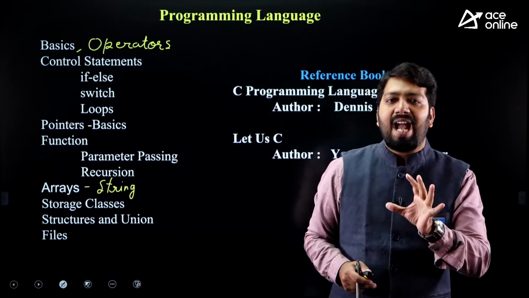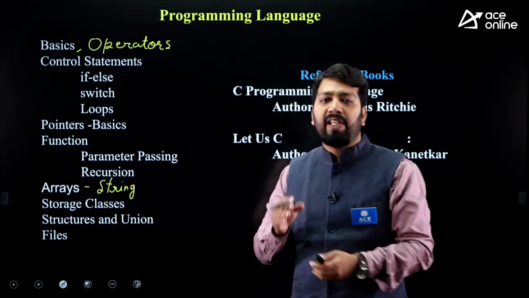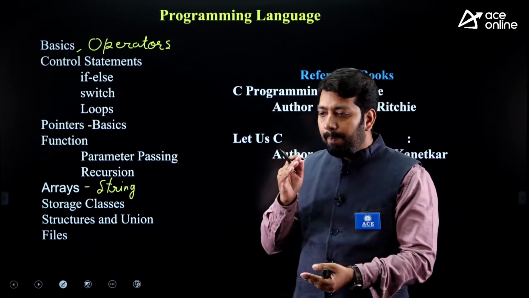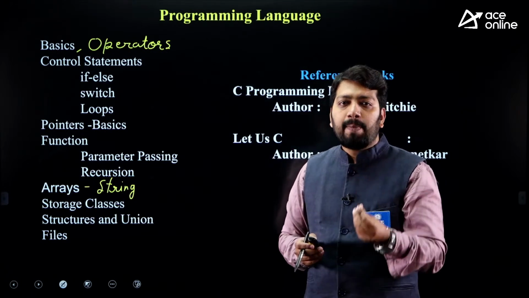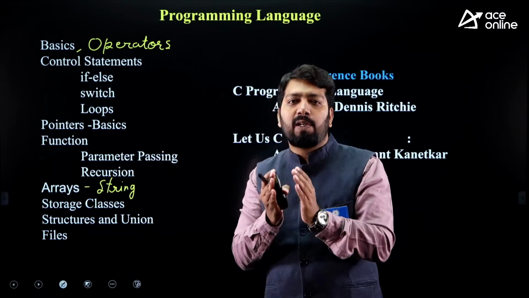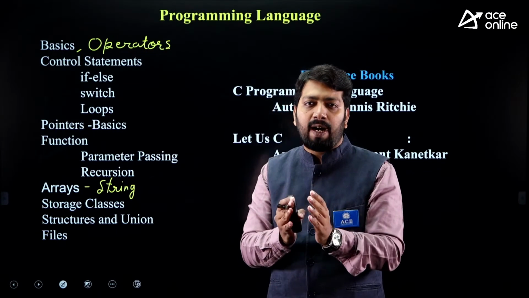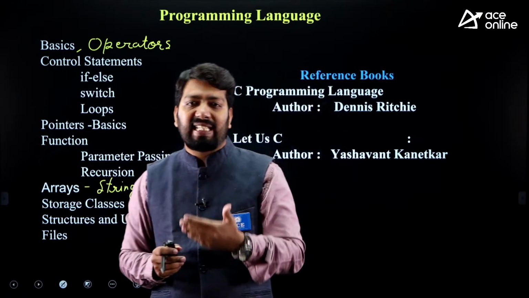But I won't suggest you read all the books, because we have to optimize our preparation strategy. Optimization means we have to give a limited number of hours to gain maximum marks. And how can you get the maximum marks?